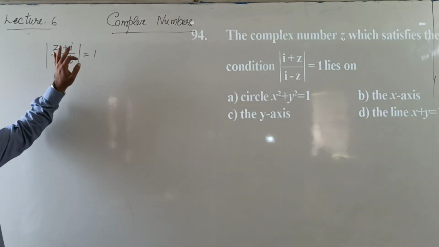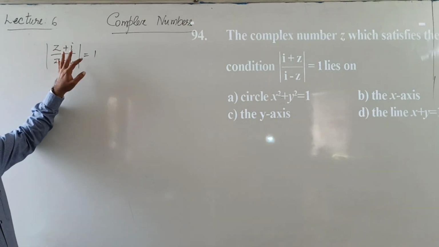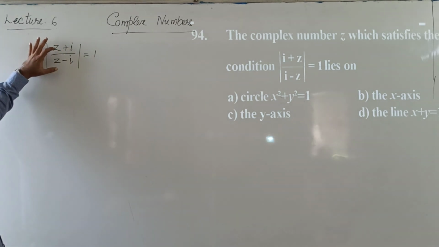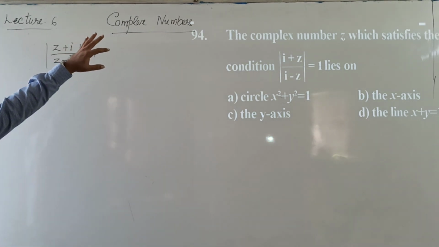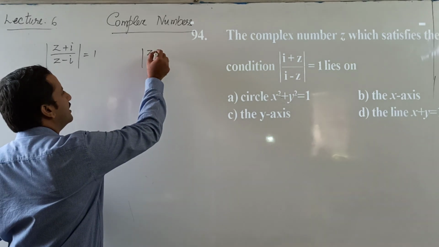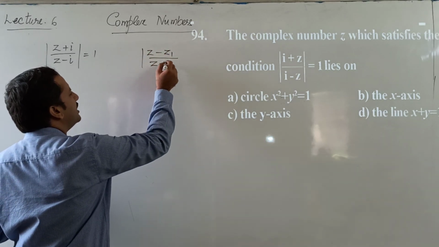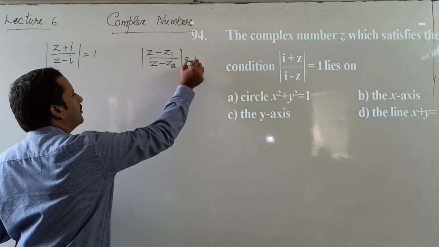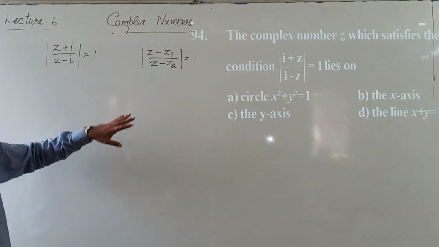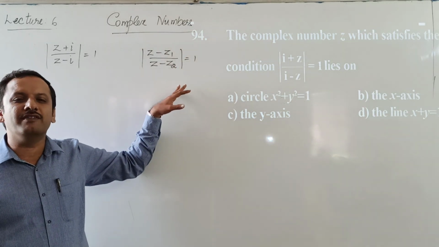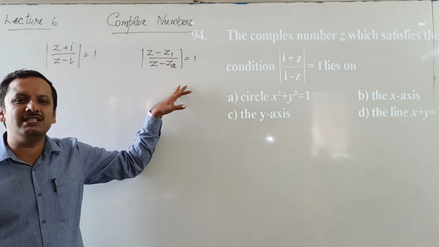This is of the form modulus of z minus z1 by modulus of z minus z2 is equal to 1. Yes, right? What does it represent? Very popular form. It represents the perpendicular bisector of the line joining z1 and z2.